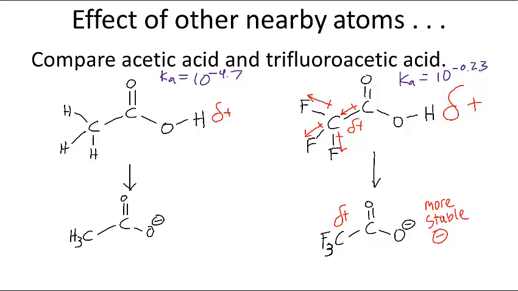So we were right. So in general, our conclusion is that having more electronegative atoms around is going to make an acid stronger.